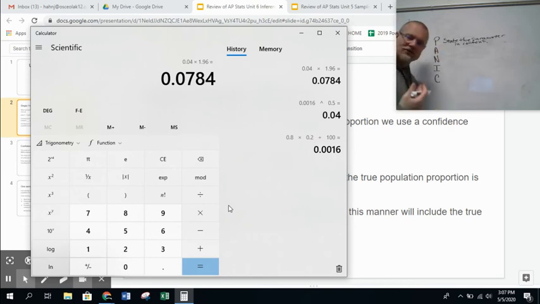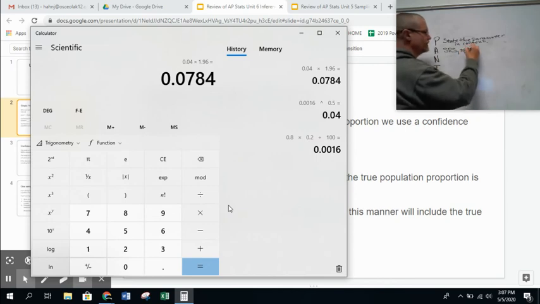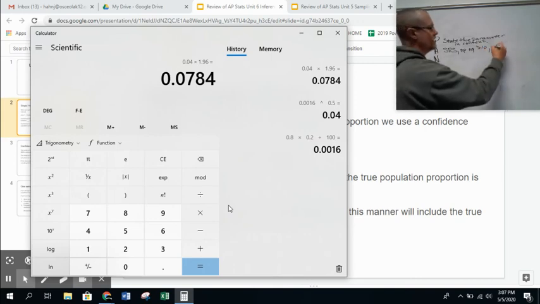Then the assumptions: is your sampling distribution normal? Is it centered at p? And is the standard deviation predictable? So that's sampling, SRS, okay? Then you've got to check the normal condition, np and nq greater than 10. And then you've got to check the independence.